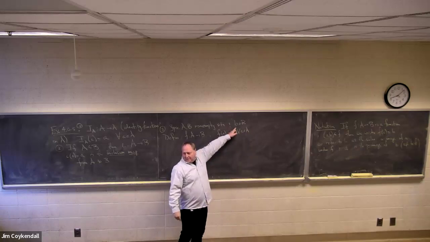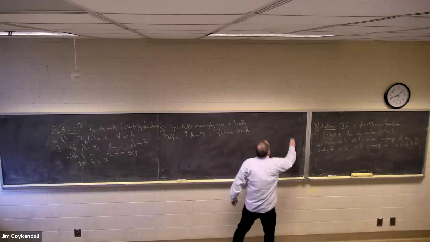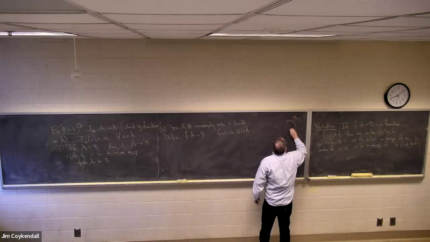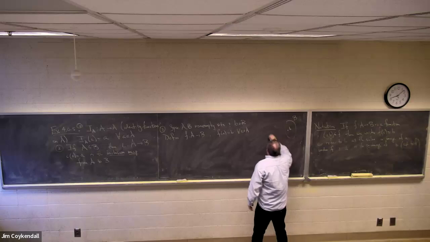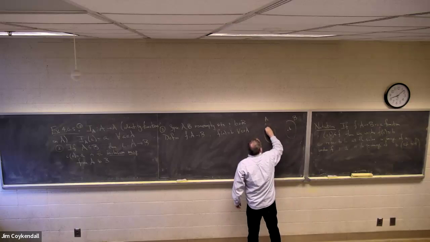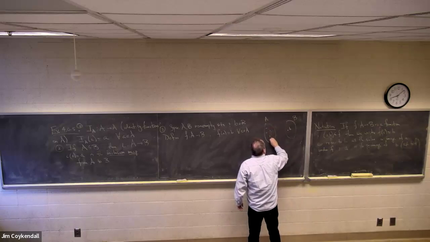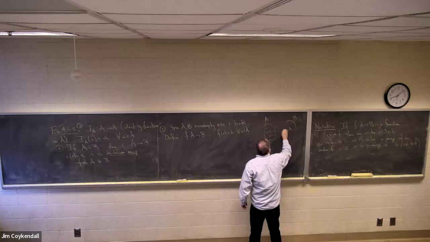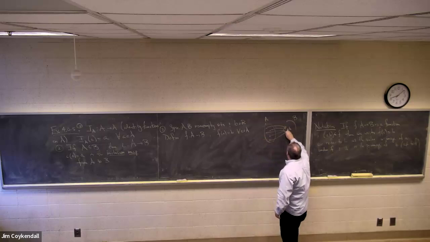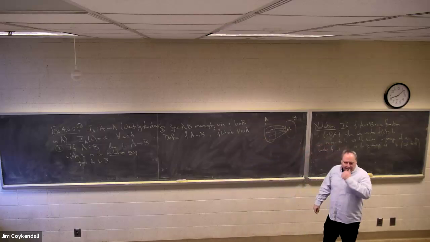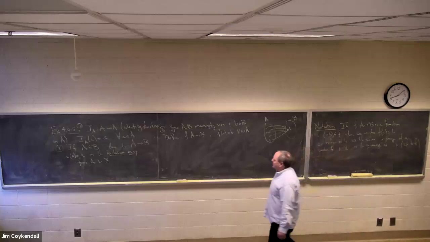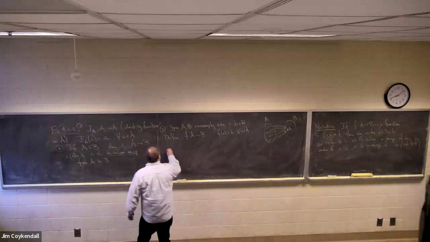We picked an element, some element b. There might be a whole bunch of them, but we just picked one, and we take everything in A and send it there. Everything goes to the single element b. See how lazy I am? This is called the constant function.